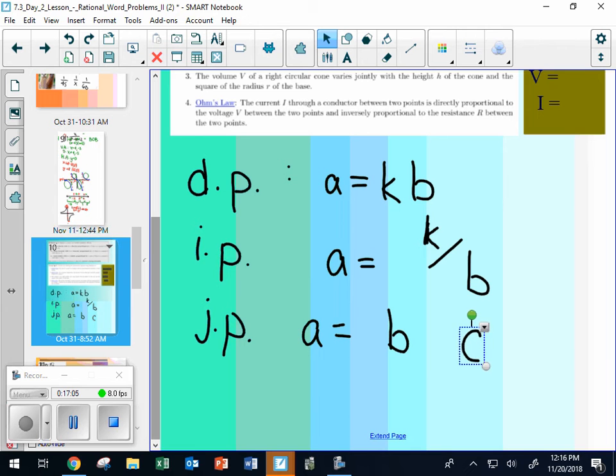But A is also equal to C in some form, which means that B and C are on the same side and they're just multiplied by each other. So A is equal to B times C with some kind of constant in front.